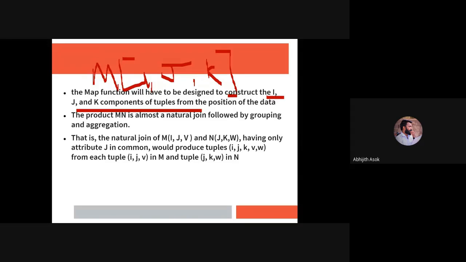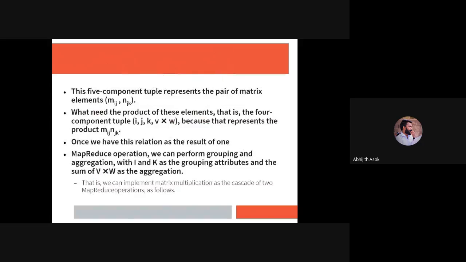So the product MN is computed using the natural join operation followed by grouping and aggregation. The natural join of M(i, j, v) and N(j, k, w) has only attribute j in common and would produce tuples (i, j, k, v, w) from each tuple (i, j, v) in M and tuple (j, k, w) in N. So what is the tuple of M?